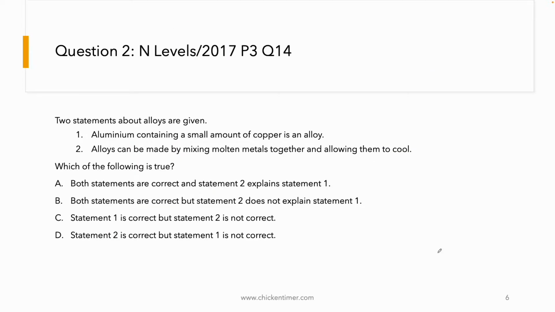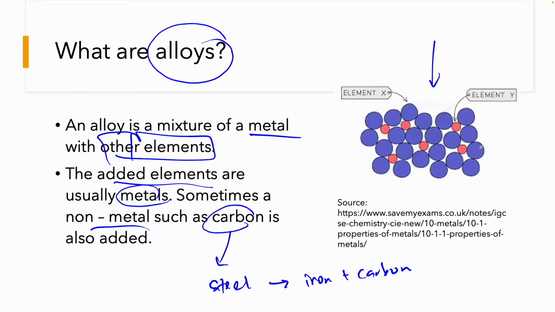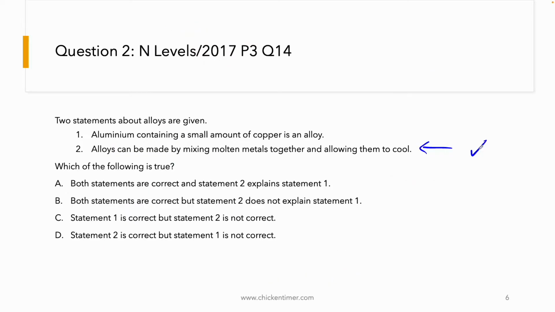So number 2 is correct. Number 1, aluminium that contains a small amount of copper is an alloy. As shown down here, the alloying element is usually a metal. So we can agree that aluminium with a small amount of copper is an alloy. So this is also correct.